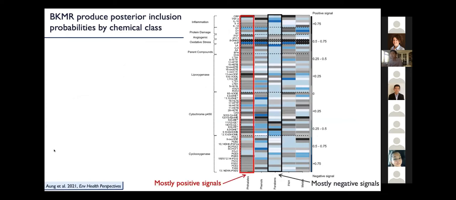And so these results further reinforce the observations that we reported using the single pollutant regression and elastic net models, particularly that the phthalates exhibit overwhelmingly positive and important signals with multiple bioactive lipids and their subgroup pathways, and the phenols exhibited much more negative signals across the board.